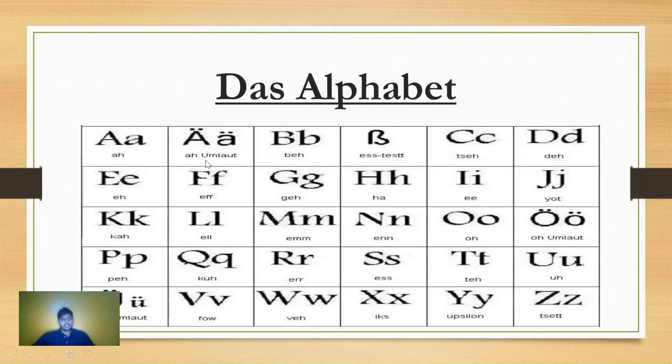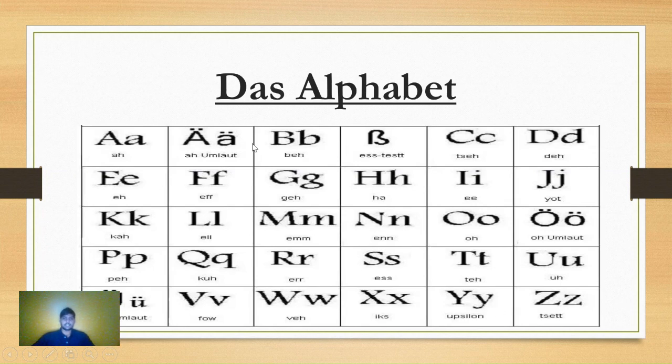A, B, C, D, E, F, G, H, I, J, K, L, M, N, O, O with umlaut, P, Q, R, S, T, U, U with umlaut, V, W, X, Ypsilon, Zet.